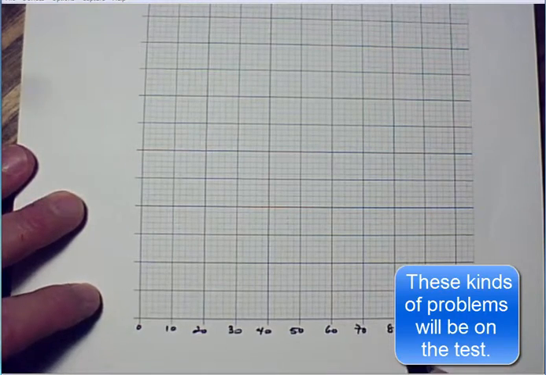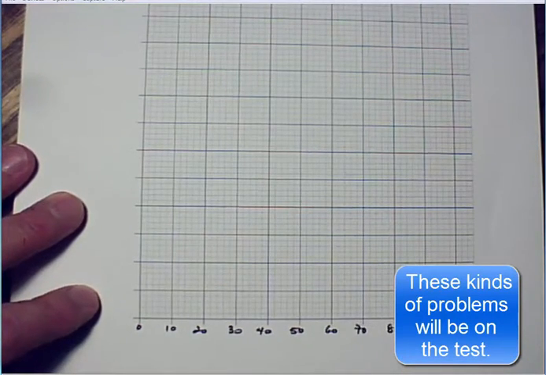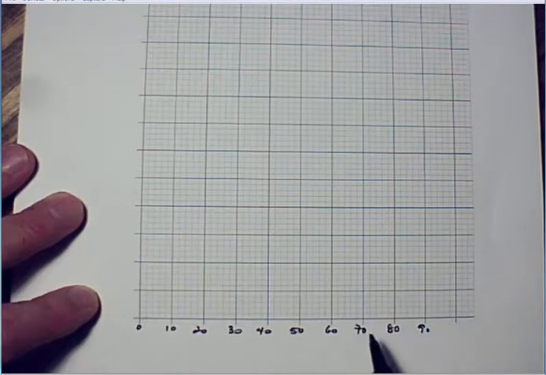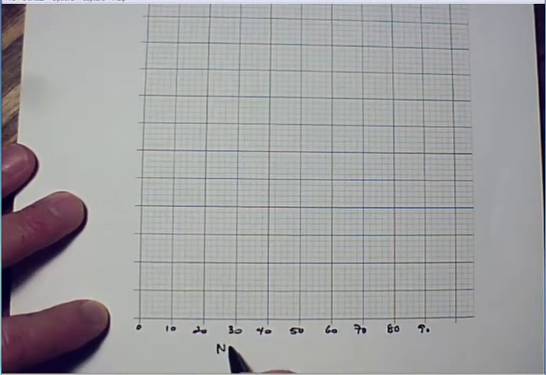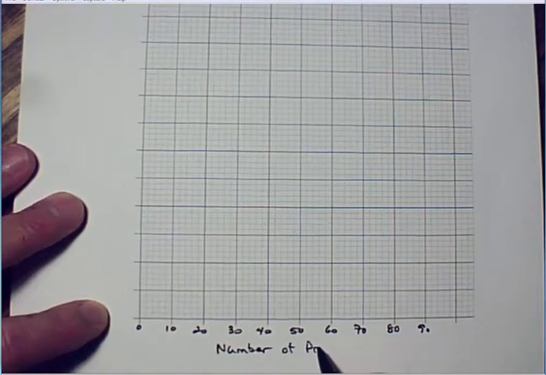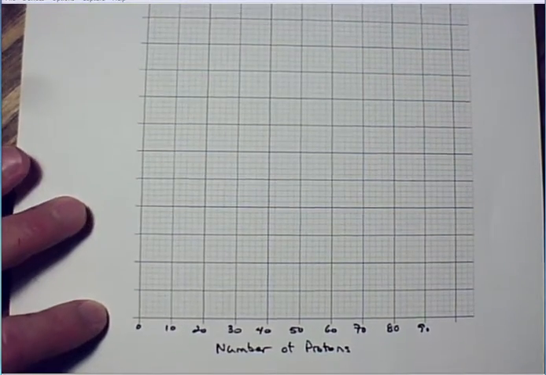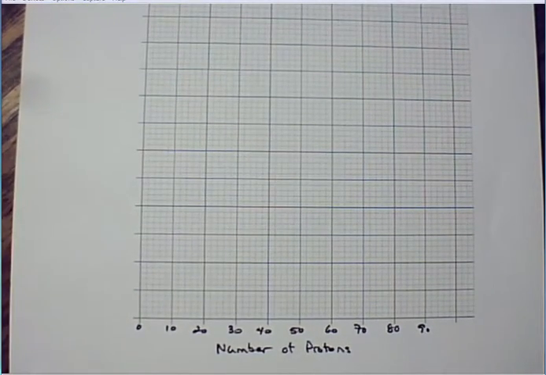You could put 100, but we don't go past 82 anyway, so I could stop right there. Then you need to label what these numbers are about, and those numbers are about the number of protons.